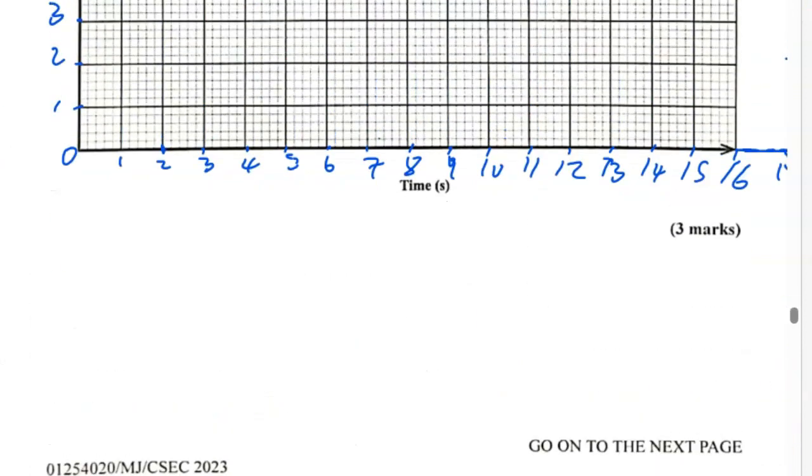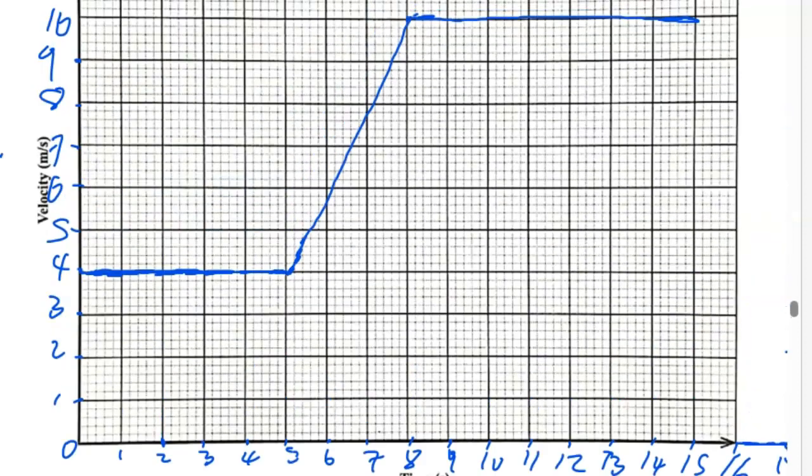So from 15, 4 more seconds, it slows. Of course, I should use a ruler. Oh my, this is very untidy. So you should have a ruler to connect from here to 4 seconds later, which would take me to 19, right? So it should be a straight line.